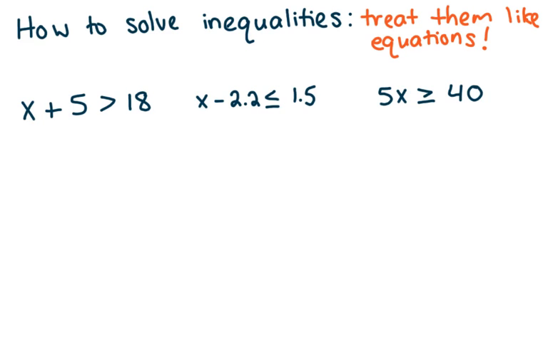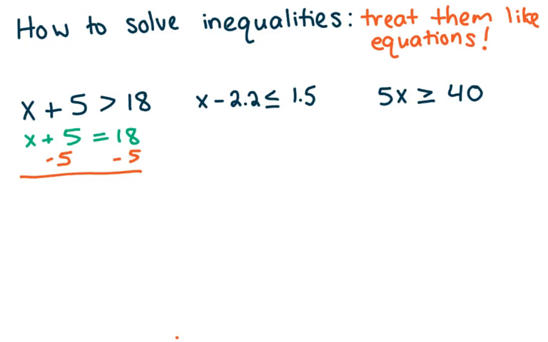So if this were an equation, x plus 5 is equal to 18, you would solve it by finding the inverse operation of add 5, which is subtract 5. And so to keep it fair, you would do the same thing on both sides of the equation.